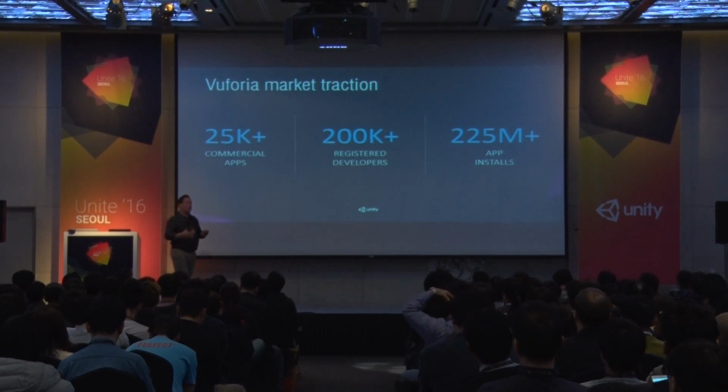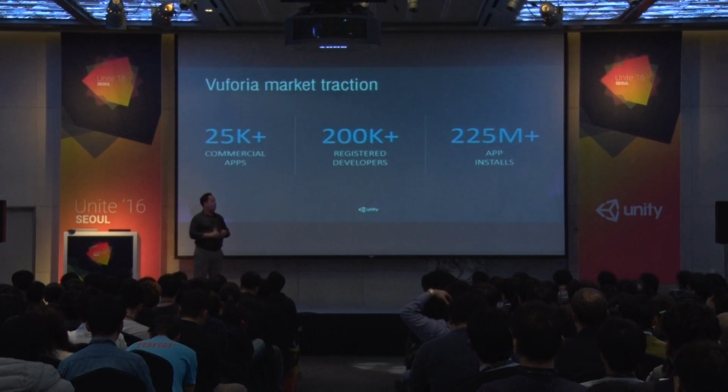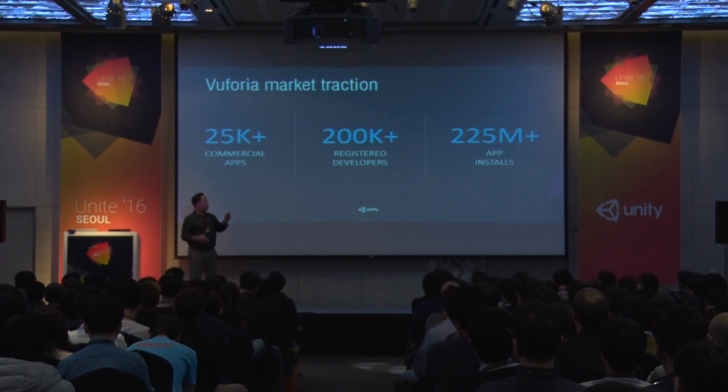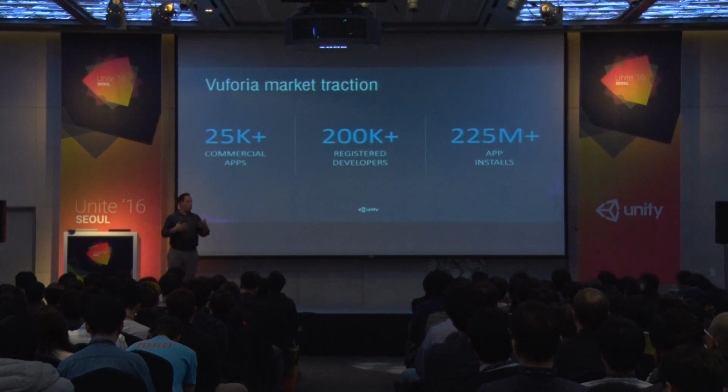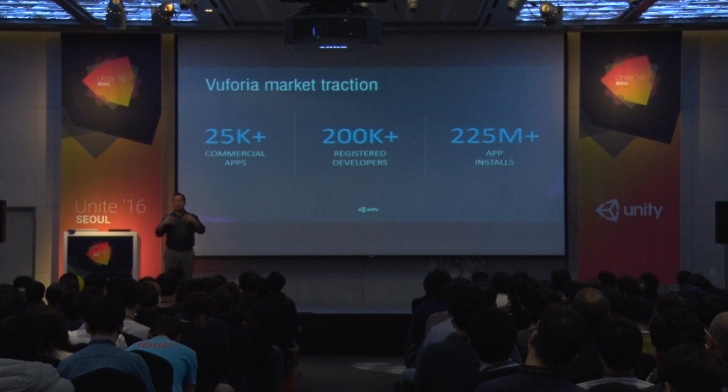These are apps in app stores, like Google Play, the Apple App Store. And they've been very successful in that our developers have over 225 million app installs. So we've seen a great ecosystem develop, and we have a lot of developers who are making businesses for themselves, creating augmented reality applications either for themselves or for clients, developing marketing apps and promotional apps or games and toys, things like that.